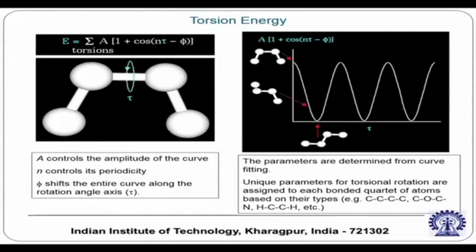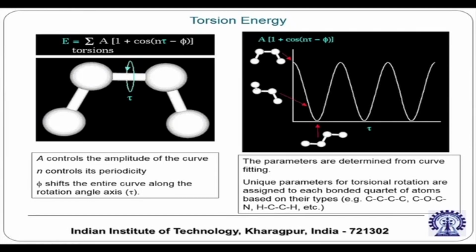The torsion energy can also be represented by a suitable mathematical form, which can be, for example, a periodic function. In this formula the capital A controls the amplitude, N controls the periodicity, and phi shifts the entire curve along the rotation angle axis.